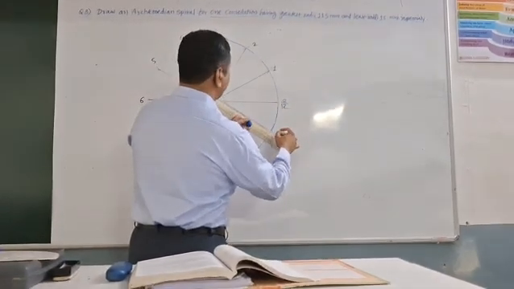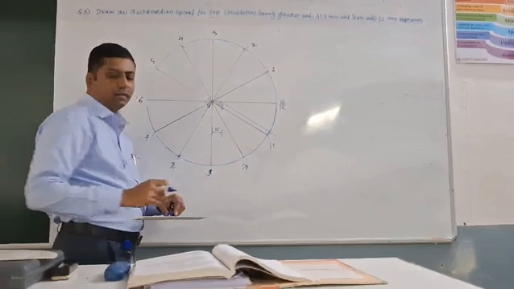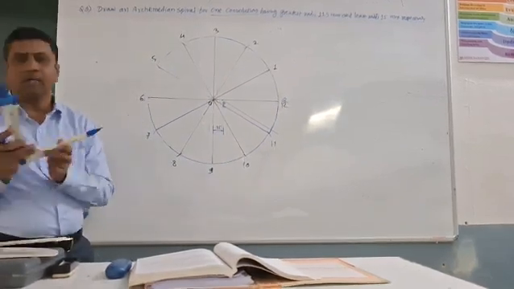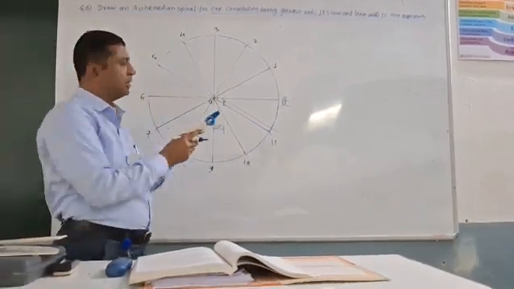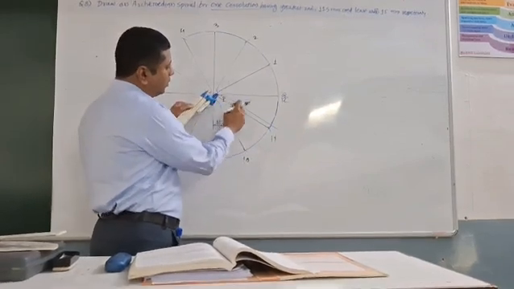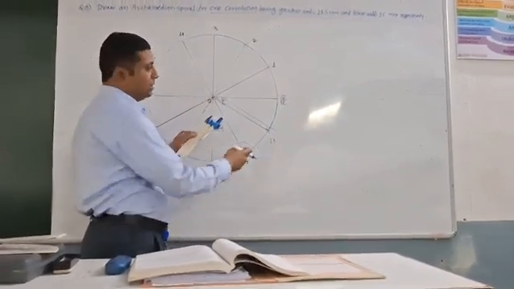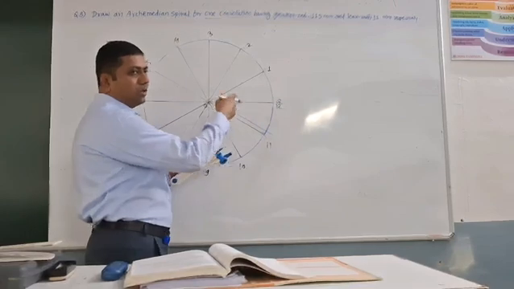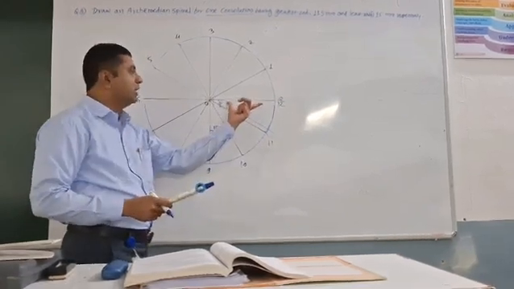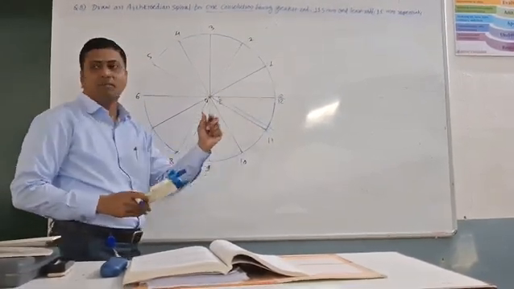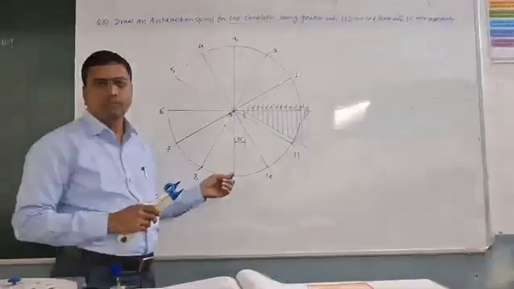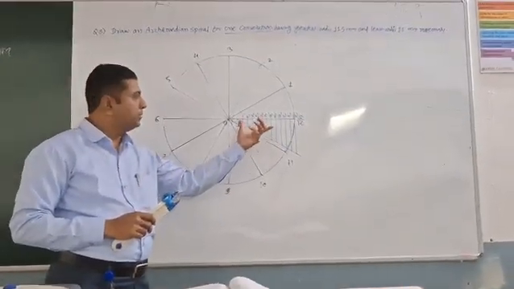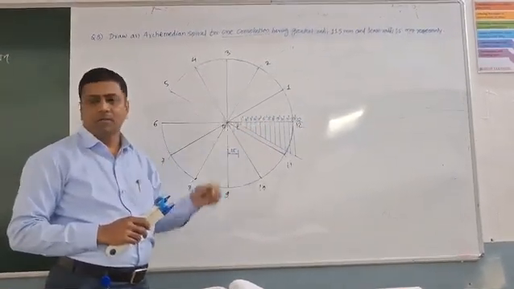Take some appropriate distance in the compass, and on this angular line divide into 12 parts, join the last point, then draw parallel lines. You will get the division of PQ. So we have divided line PQ into 12 equal parts.